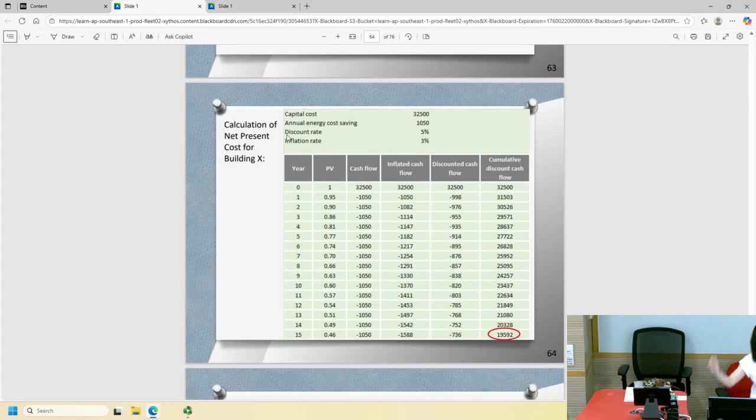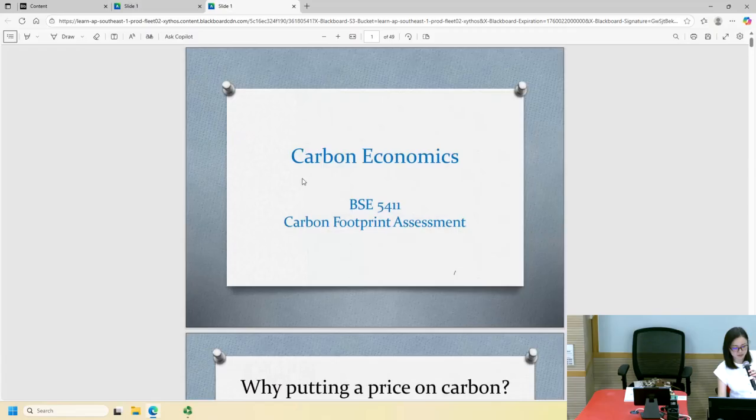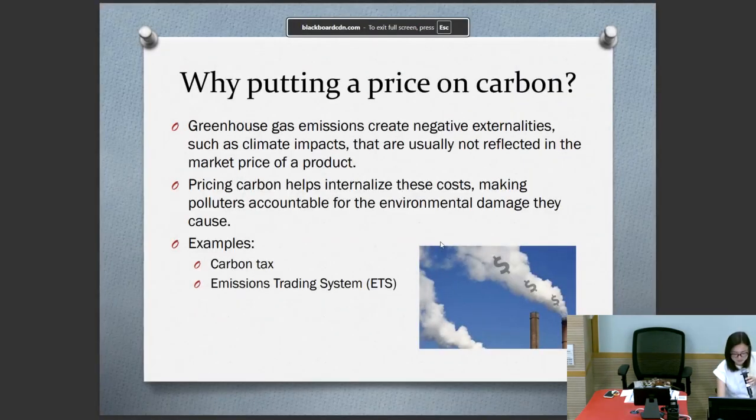For this table, we have used the term discount rate. The concept of discount rate will also be explained and used in this lecture. In the later part of today's lecture, we will learn how to use the discount rate to calculate the net present value and then do some analysis. Okay, so let's start.